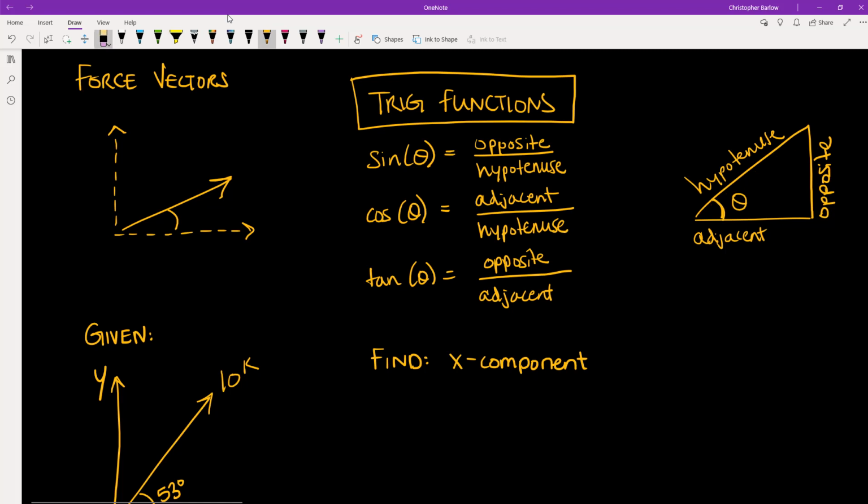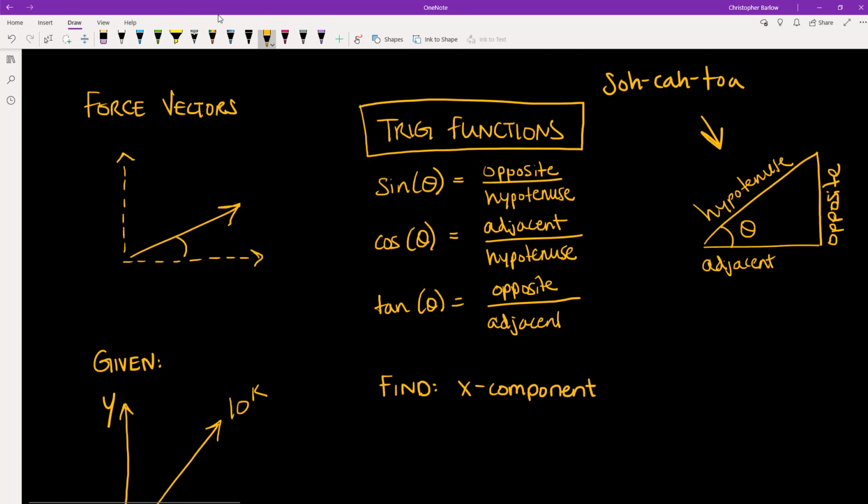So trig functions provide relationships between these sides and our given angle theta. The sine function will relate the opposite side to the hypotenuse. The cosine function relates the adjacent side to the hypotenuse. And lastly, the tan function, or tangent, relates the opposite side to the adjacent side. You may recall the acronym SOHCAHTOA.